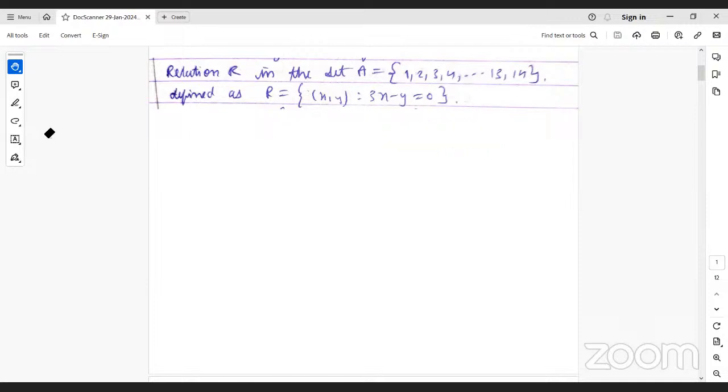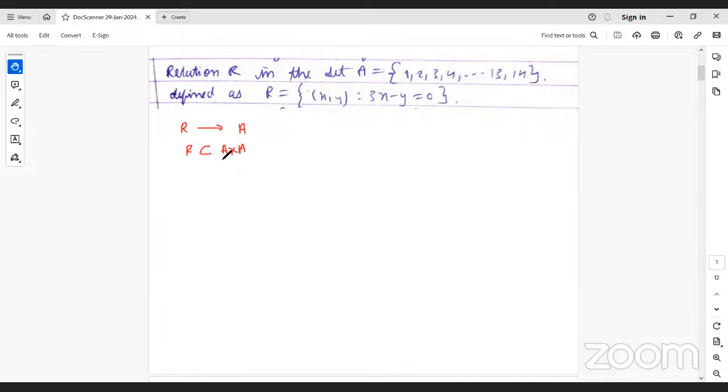To begin with, we need to know the definitions of these three statements. Pay attention. In short, I will explain, and then we will begin with the question. Whenever we define a relation, we define it on a set. A relation is nothing but a subset of a Cartesian product of two similar sets or two different sets.